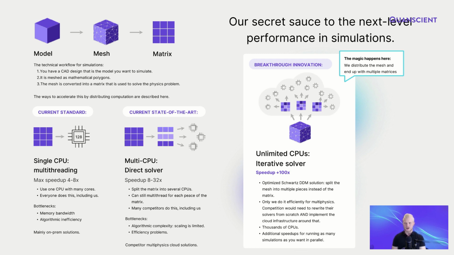The current standard is either single CPU multithreading, which allows for a speedup of, let's say, 4 to 8 times, or the state of the art multi CPU with a direct solver, which can allow for 8 to 32 times speedups. But in both of these, the amount of random access memory, RAM, becomes a bottleneck, and the algorithms in the legacy software are not equipped to take advantage of the cloud.